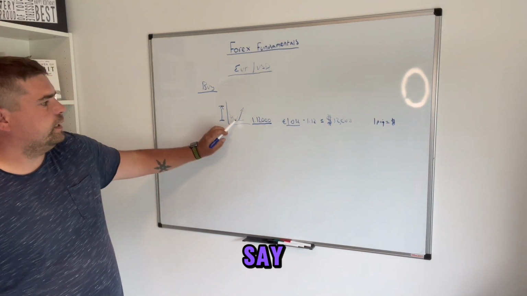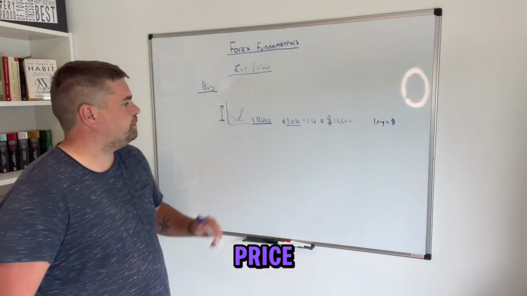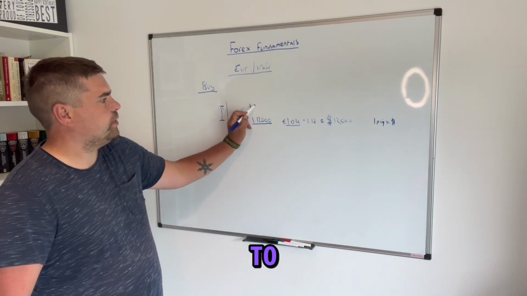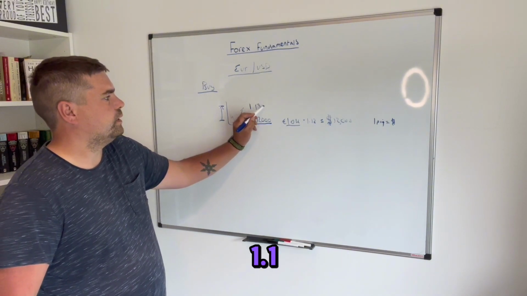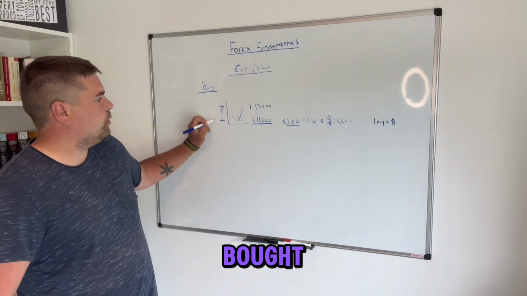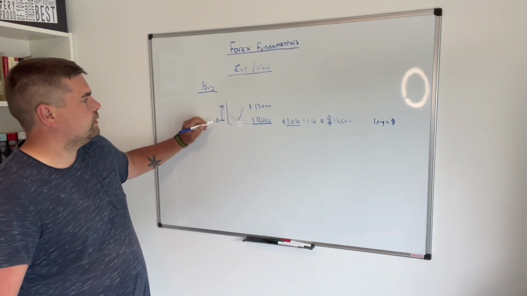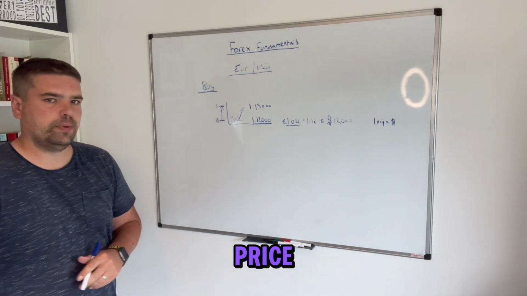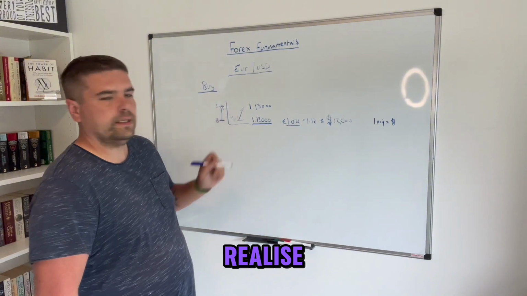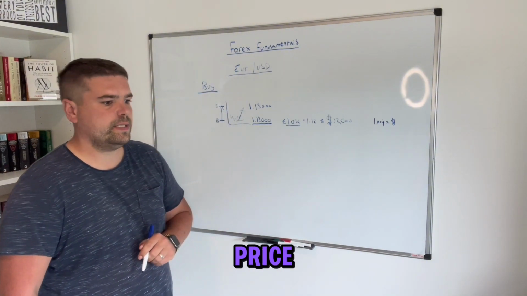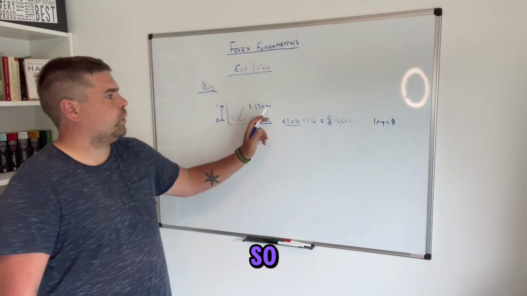Now, let's say you purchase at this price, and price then moves up and shoots all the way up to 1.13. So as we've bought down here, we now come to sell out here at the higher price to realize the profit from where we've purchased at a lower price. So what happens here?